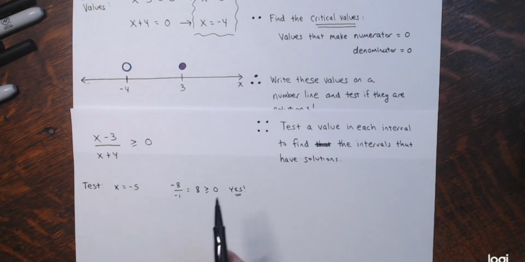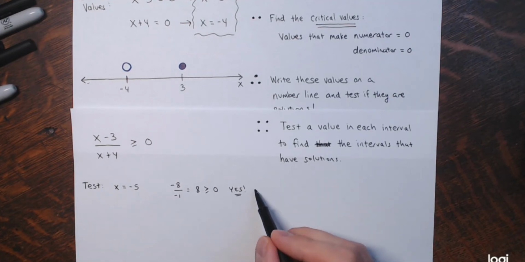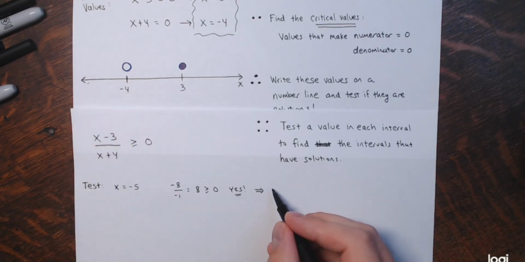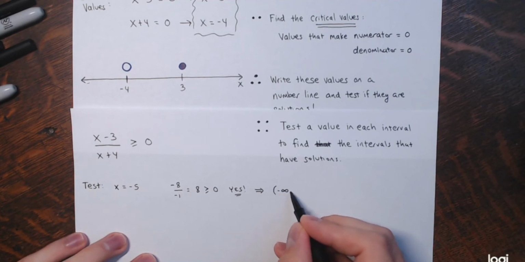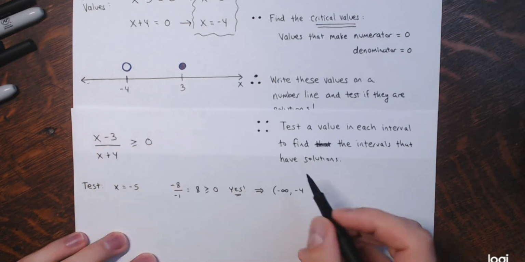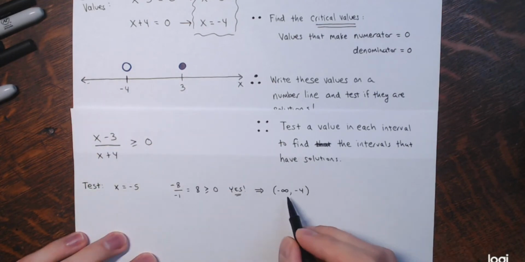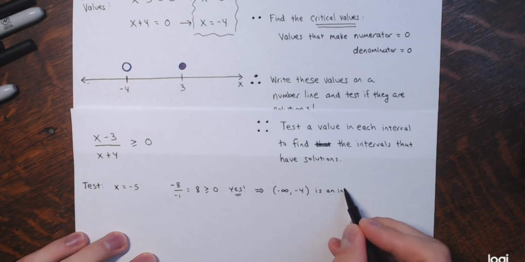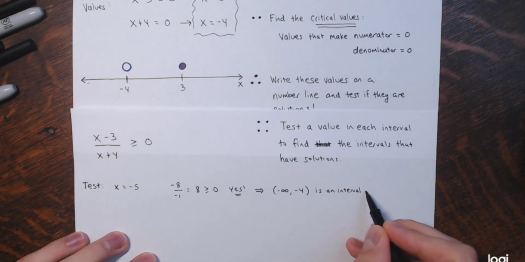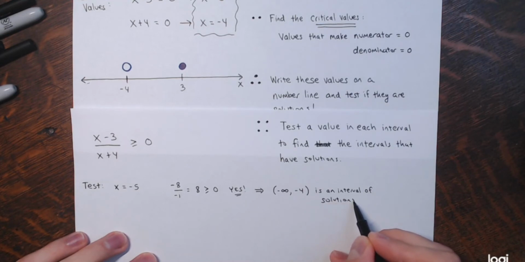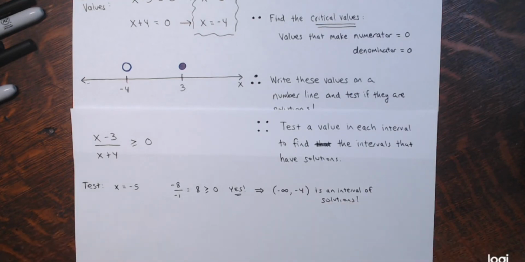So this leads me to the conclusion that this interval to the left of negative 4, which you can write in interval notation as from negative infinity up to negative 4, but negative 4 we said was not a solution, is an interval of solutions. And I'll indicate that on my graph here.